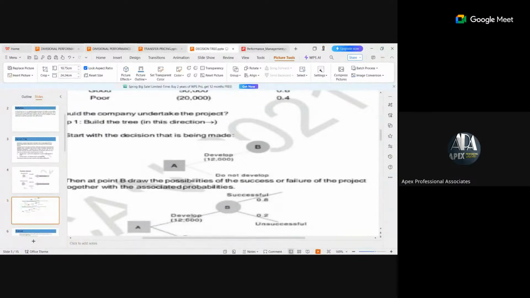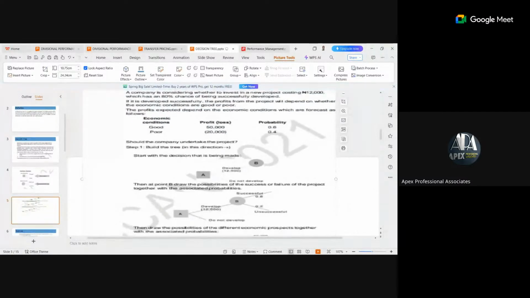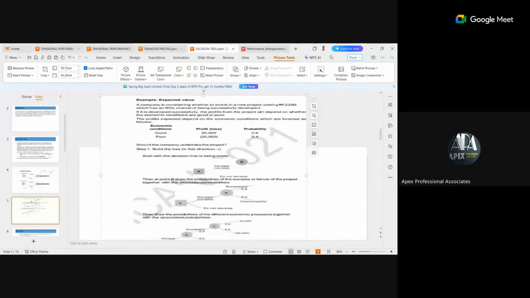So at point B, you draw the possibilities of the success or failure of the project together with the associated probability. So when you develop, the possibility of experiencing a good outcome is 0.8. The possibility of the project not being successful is 0.2.